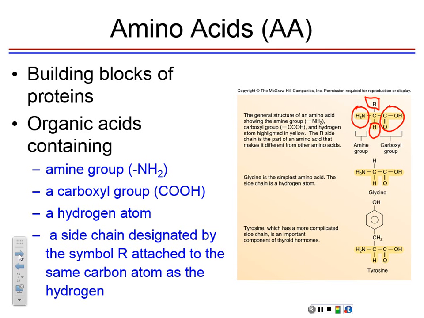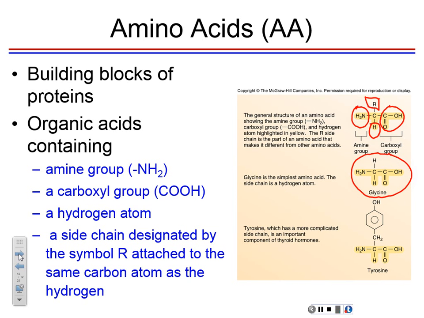So the simplest amino acid there is glycine. And then, of course, this one is found in the thyroid, the one that's associated with iodine, tyrosine. Tyrosine has got a benzene group on it.